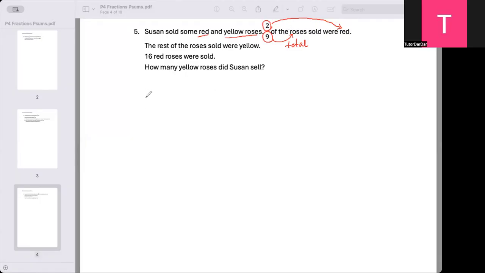So let's say total is 9 unit. So I will be putting here 9U. This is total. Okay. From 9U, 2U is going to be red roses. That means 7U is going to be yellow roses.